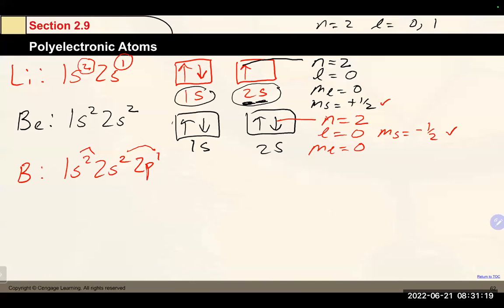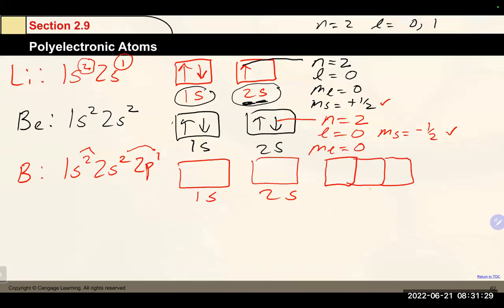In this case, we do some diagram here. We would have a 1s box. We would have a 2s box. And because that's a 2p subshell, we would have 3 boxes to represent the px, py, and pz orbitals. In this case, our first one would go into the first orbital and then the opposite pair.